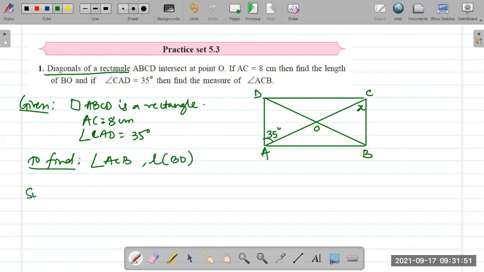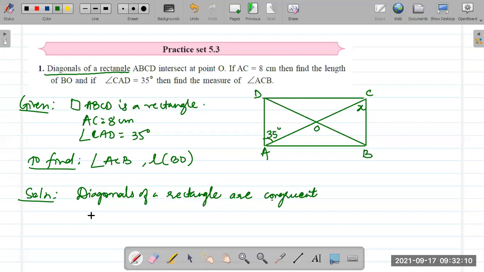All right. Solution. We know that diagonals of a rectangle are congruent, right? Therefore, we say that AC is equal to DB, correct? BD or DB, it's one and the same thing.